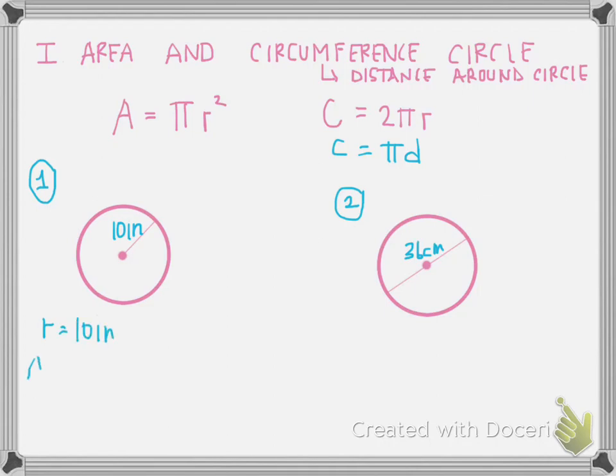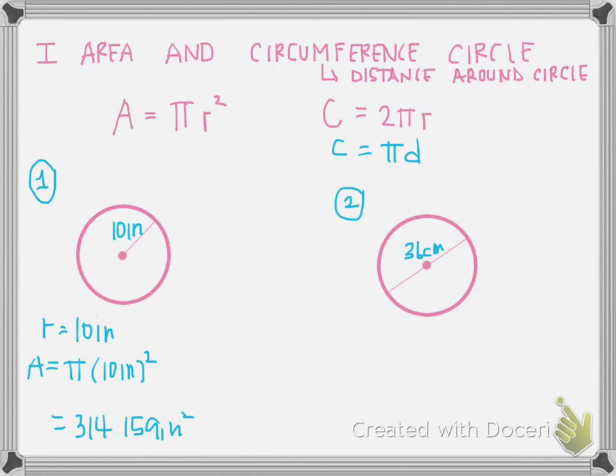So my area is going to be pi times 10 inches squared. 10 squared would be 100, and 100 times pi is going to be 314.159 inches squared.